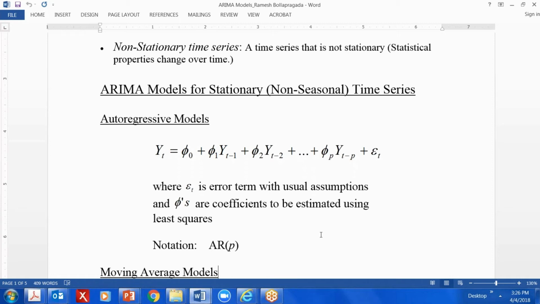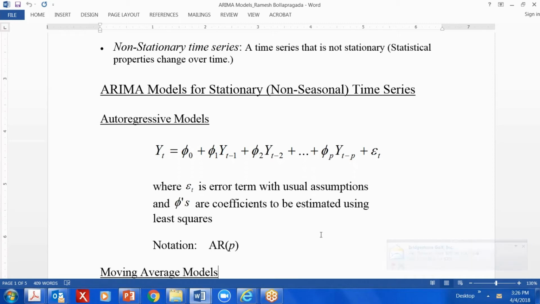Let us say you're forecasting for the next time period. YT is the forecast for the next time period, YT minus 1 is the realized order for this time period, and YT minus 2 is the realized order for time period T minus 2, and so on and so forth.